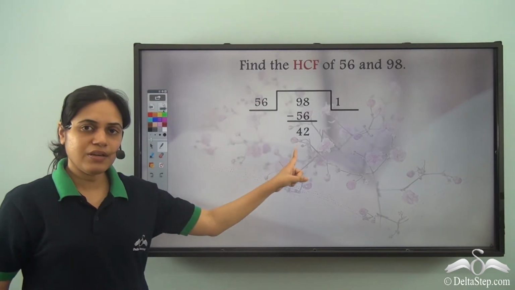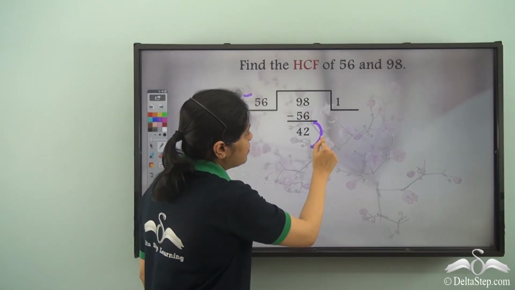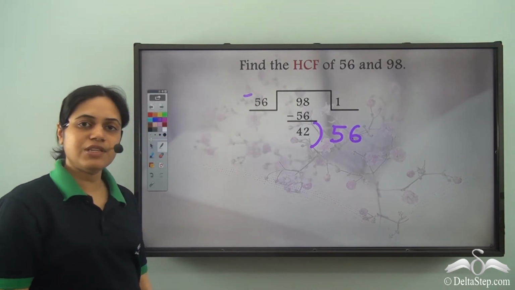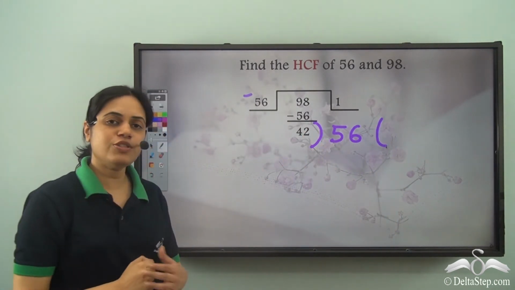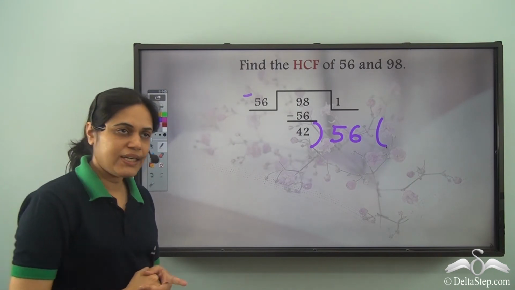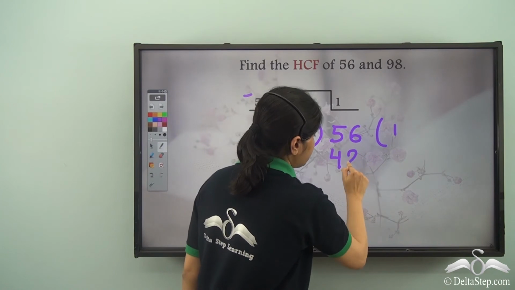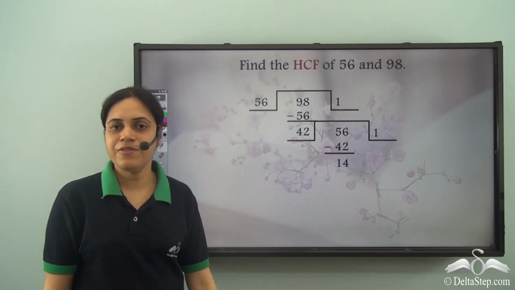Now this remainder becomes the divisor and this divisor, which is 56, becomes the dividend. And how many times does 42 go into 56? One time. So I write a 1 here and I subtract 42 to get the remainder 14. This is what I have.